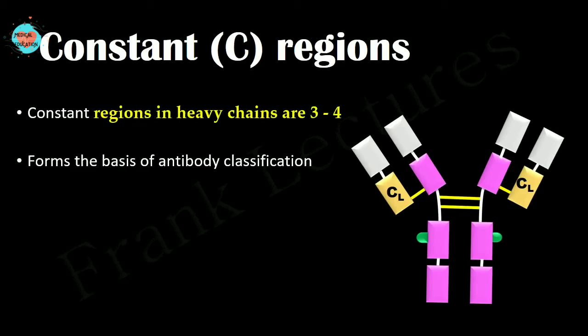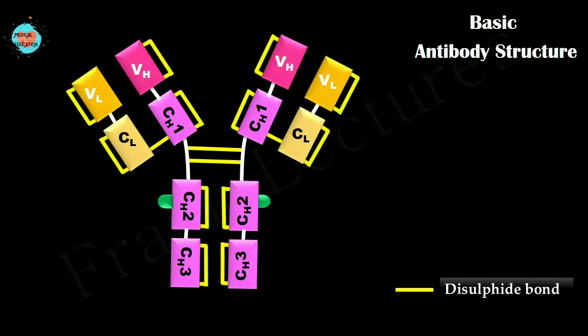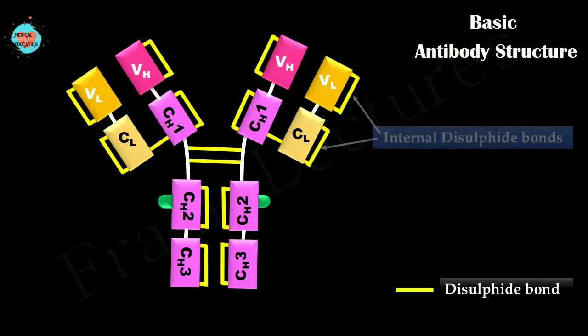The constant regions of the heavy chains are designated as CH1, CH2, CH3, CH4, starting from the N-terminal of the chain. Finally, each variable and constant region in an antibody molecule also has at least one disulfide bond. These are internal disulfide bonds.